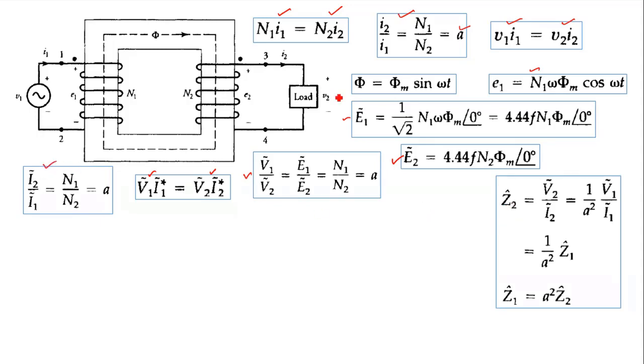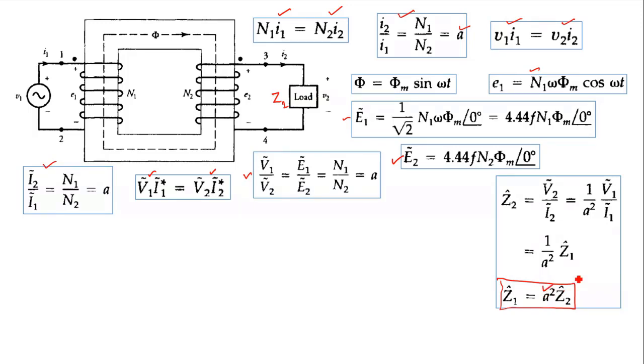And we know this is the phasor representation. And if the load that is connected here, this is Z2, is transferred to the primary side, I can write this as A square Z2. So that means any impedance from the secondary side, if we transform it to the primary side, we have to multiply by A square.